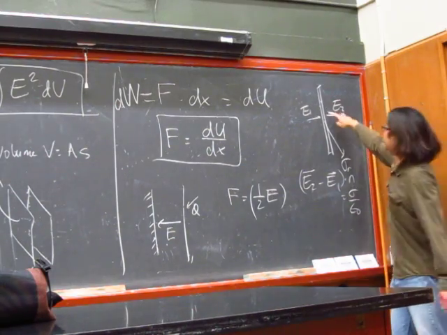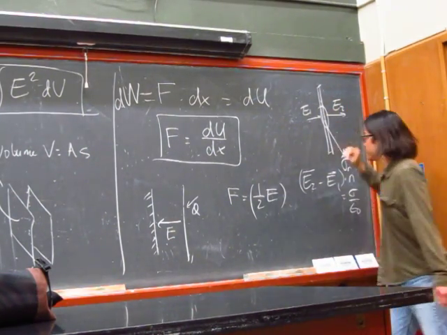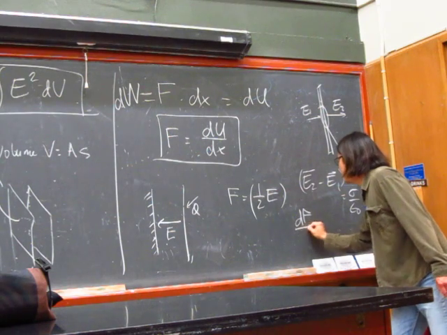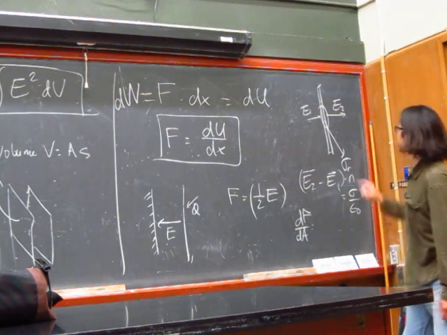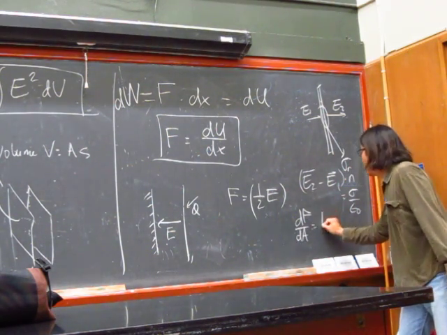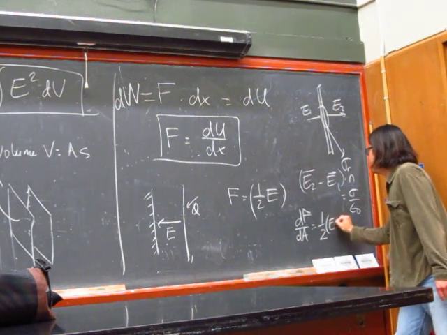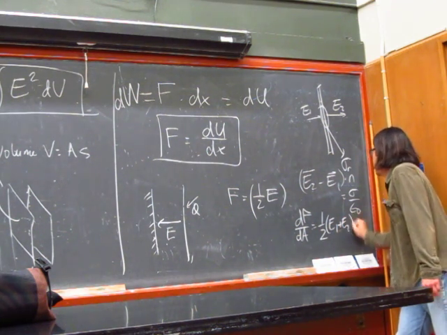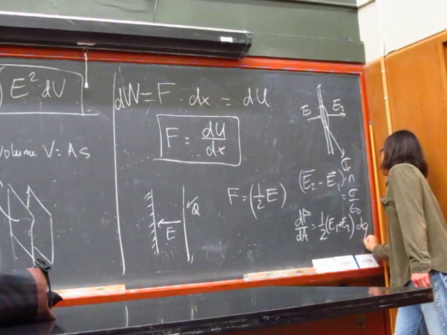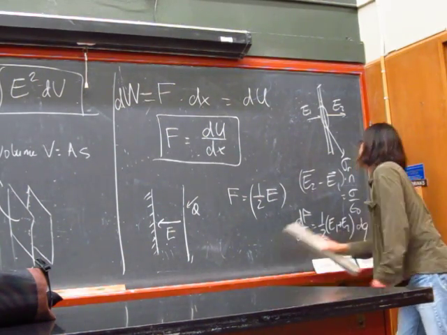The force on this patch, the force per unit area, is given by 1/2 of E1 plus E2 times dq, or times sigma in this case.